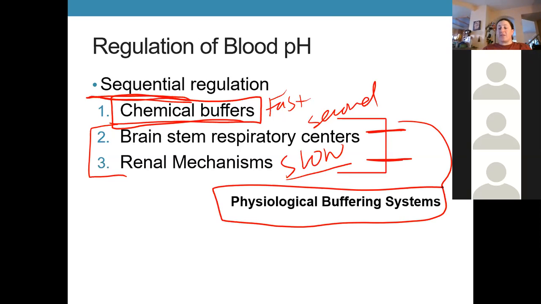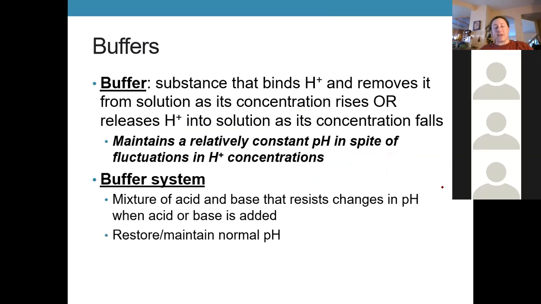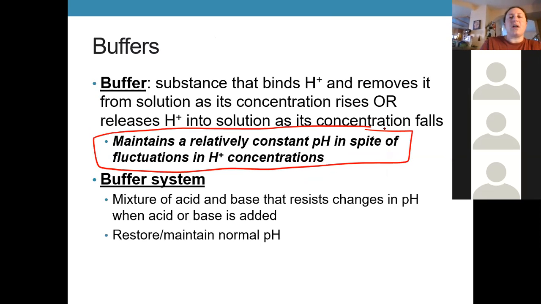So we mentioned buffers before, right? A buffer is a substance that binds hydrogen ions and removes it from solution as hydrogen ion concentration rises, or releases hydrogens into solution as its concentration falls. And that's why we define a buffer as a chemical that maintains a relatively constant pH in a solution in spite of changes in the hydrogen ion concentration.